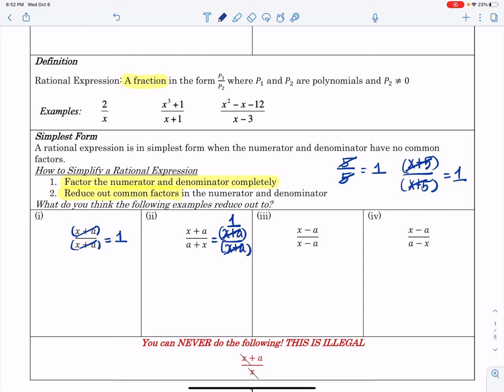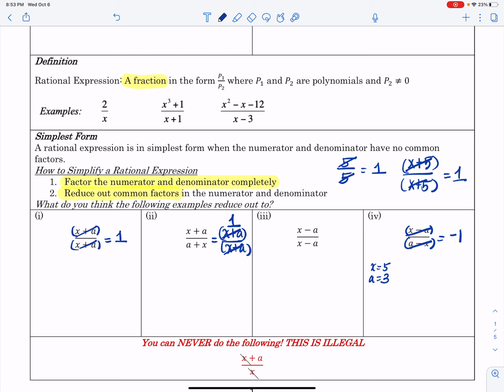When you reduce two terms that are the exact same two terms, but with a subtraction sign in the middle, and they are in the reverse order as you see here, these are going to cancel out to be a value of -1. If you want to see an example, let's say x was 5 and a was 3.